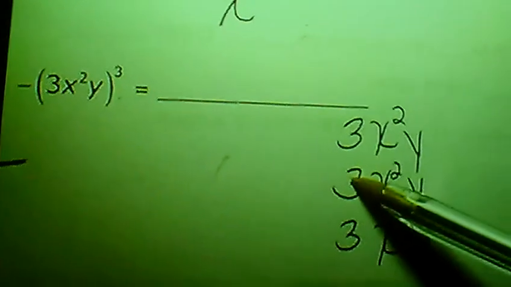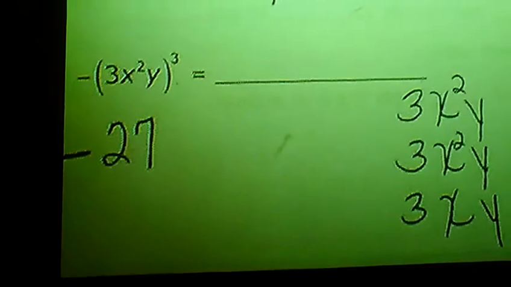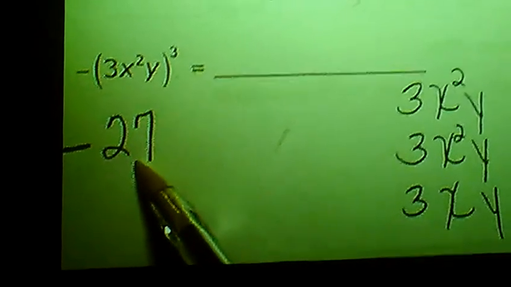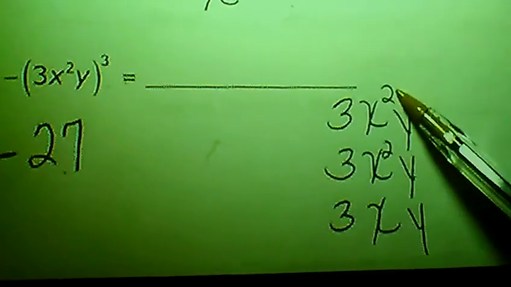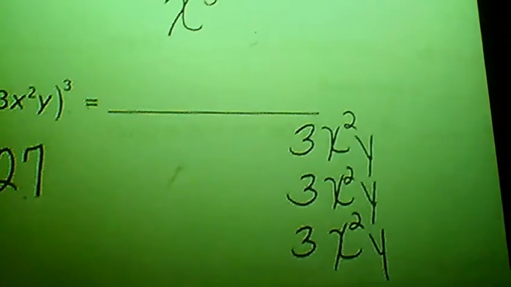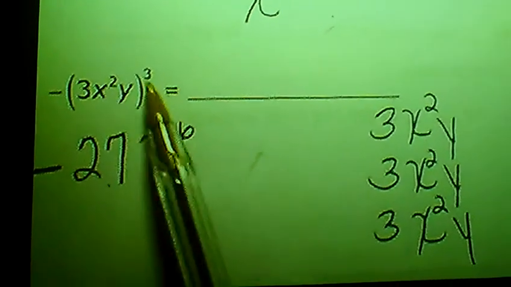Remembering that we are multiplying, 3 times 3 times 3 gives us 27. 3 to the 3rd power is 27. X squared times x squared times x squared gives us x to the 6th power. X to the 2 times 3.